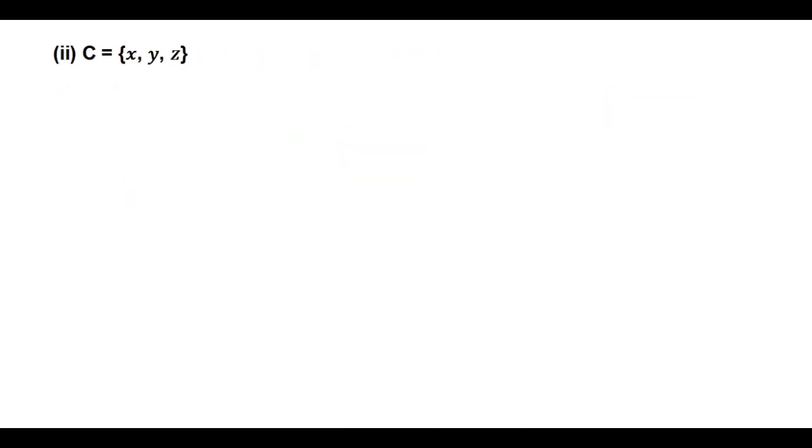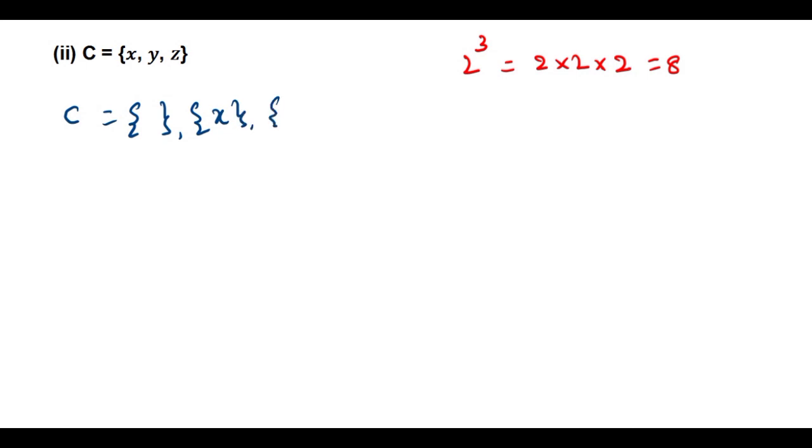Next, here we have 3 elements. So what I said for 3 elements, write 2 power 3. 2 power 3 means 2 into 2 into 2. That means we get 8 subsets. What are those 8 subsets? As usual, the null set is a subset of every set. After this we write X, next Y, next Z, and after this, taking 2 elements, we take XY, XZ.